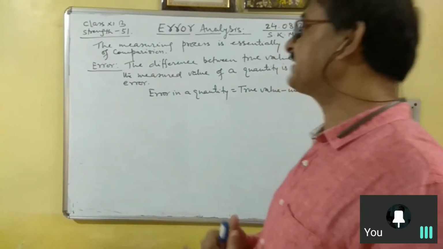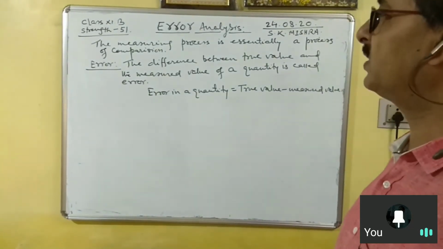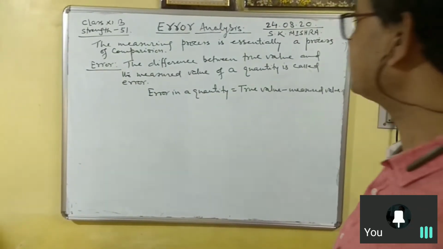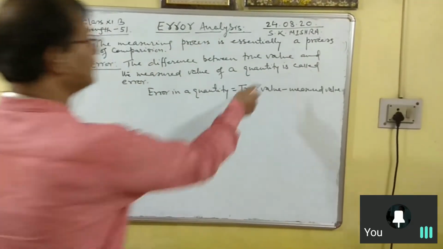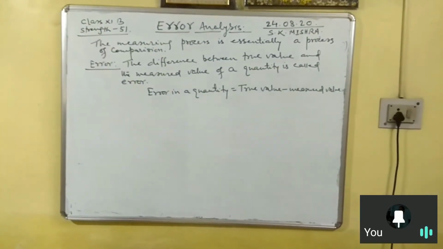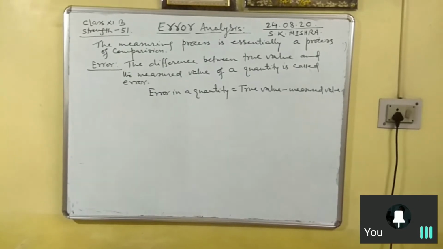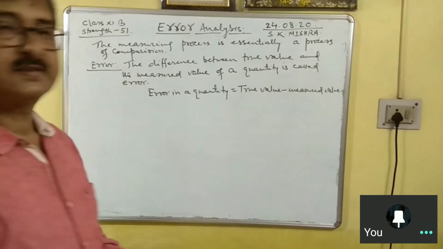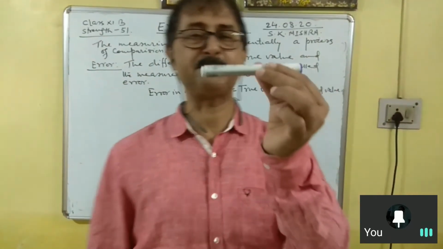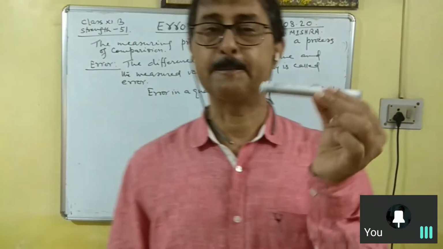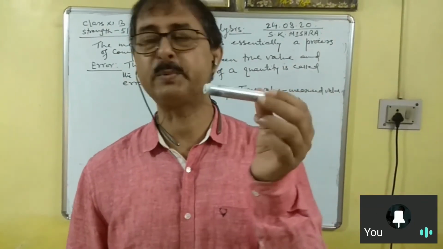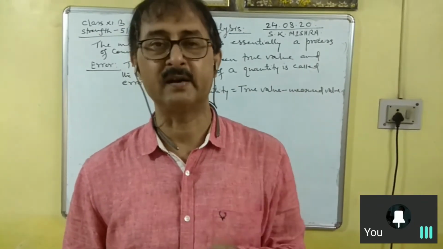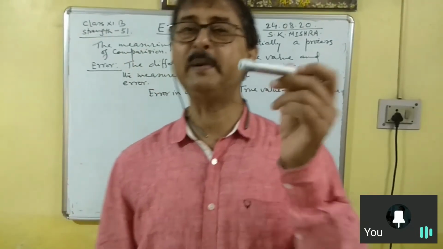Now what is the error? Error, the word itself is the difference between the true value and the measured value of a physical quantity. Suppose the true value of the length of this pen is 10 centimeter, and if you are measuring it by some instrument and it comes to be 9.8 centimeter, it means 0.2 centimeter is the error.